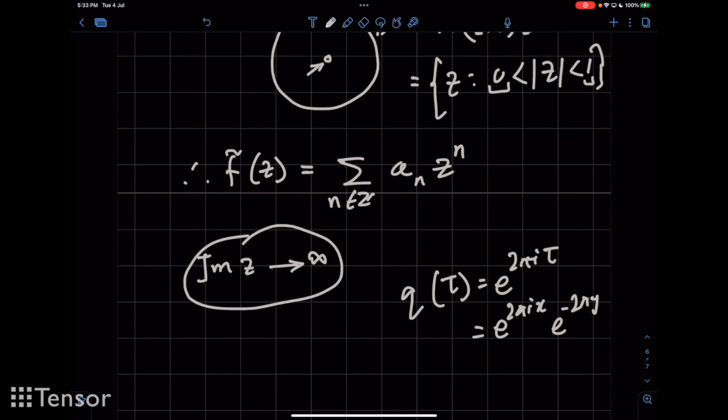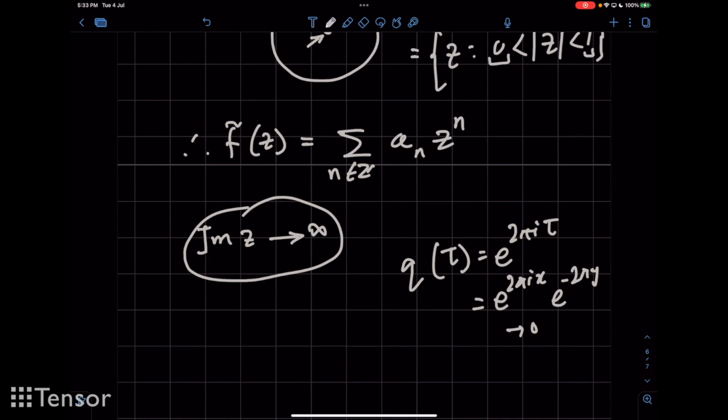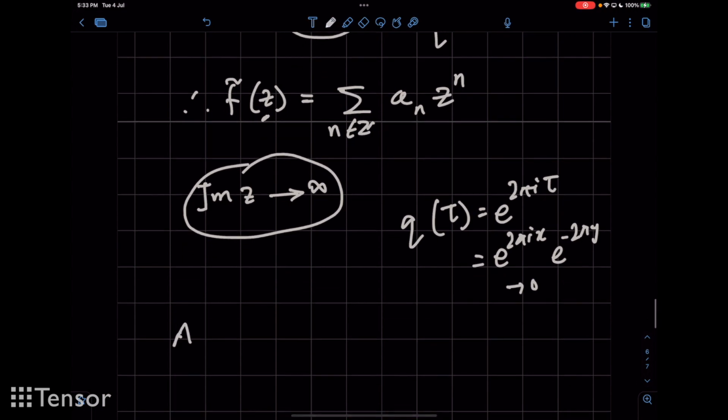So if the imaginary part of tau goes to infinity, that is, if y goes to infinity, this goes to 0. So all those points represent z equals 0 here, right? As the imaginary part of tau goes to infinity, z goes to 0.